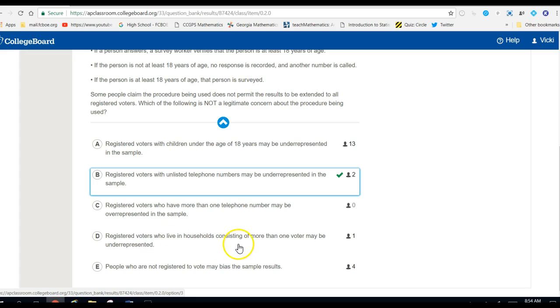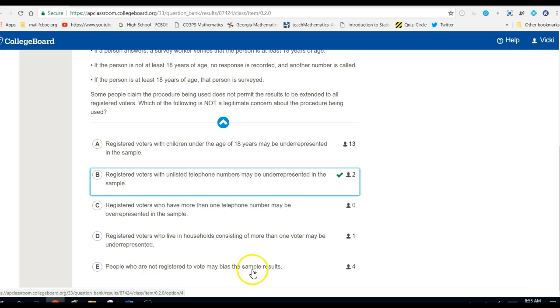D, registered voters who live in households consisting of more than one voter may be underrepresented. It never gives the chance for both. Say there's two parents living in a home. There's never the opportunity for both of those parents to be included in the survey process. The home number may be included in the sample, but both parents would never be included. So you're getting an underrepresentation of those types of voters.